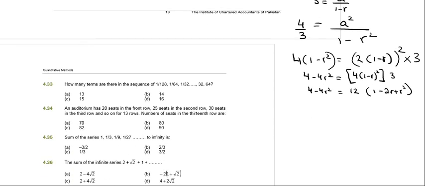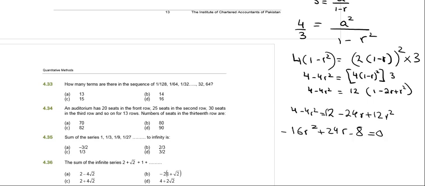Now further solving it, 4 minus 4r squared is equal to 12 minus 24r plus 12r squared. Bringing everything to the left hand side, we have 16 minus 16r squared plus 24r minus 8 is equal to 0.